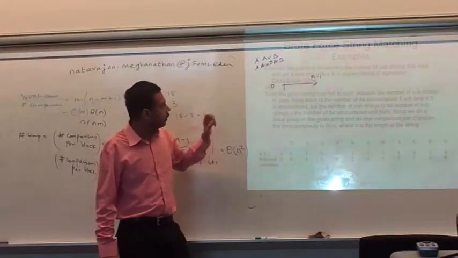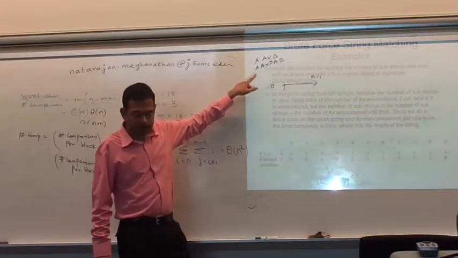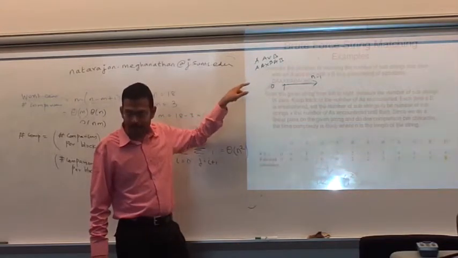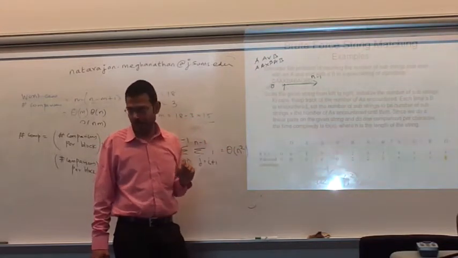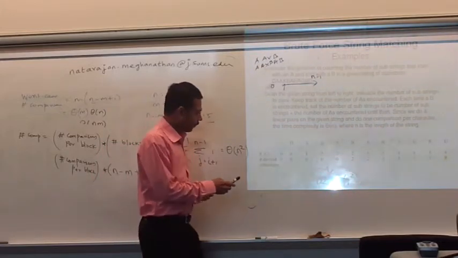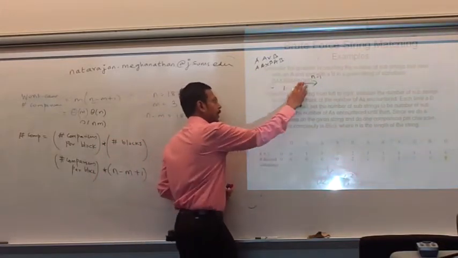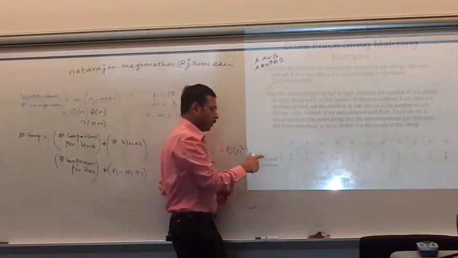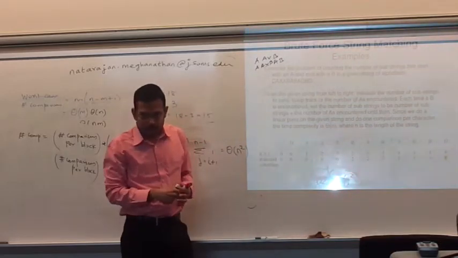In the previous case, we just kept track of the number of substrings, but we didn't keep track of the number of A's that we have seen. Alright, so the strategy is this: as we go through left to right, we are going to increment the number of A's we have seen.